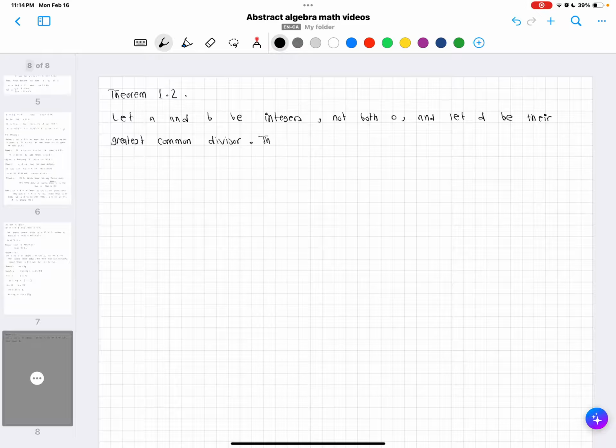And then there exist, not necessarily unique, integers u and v such that d is a linear combination of both.